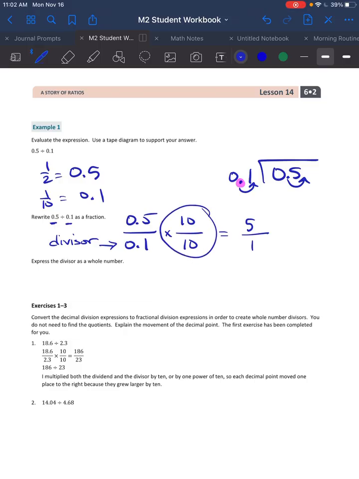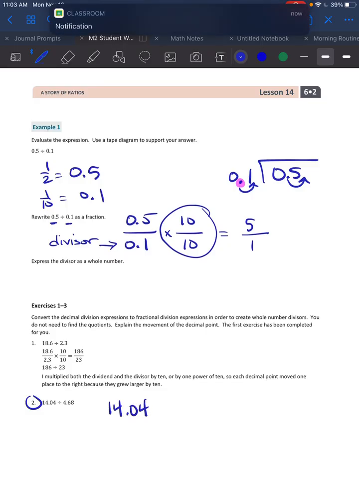Now, in the next questions, you might see that the divisor goes to the hundredths place, so you'll need to multiply by 100 to get the decimal to the whole number. If you look at exercise number 2, you have 14.04, 14 and 4 hundredths, over 4 and 68 hundredths.